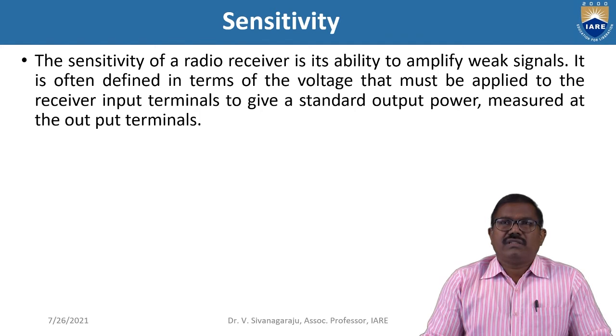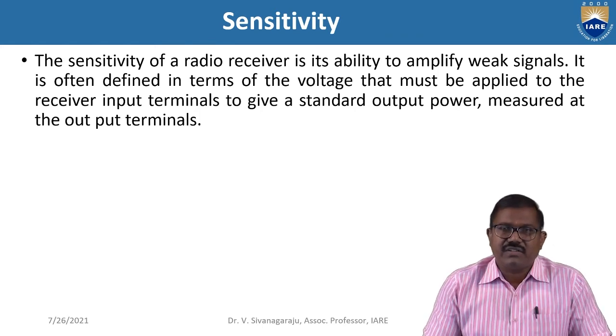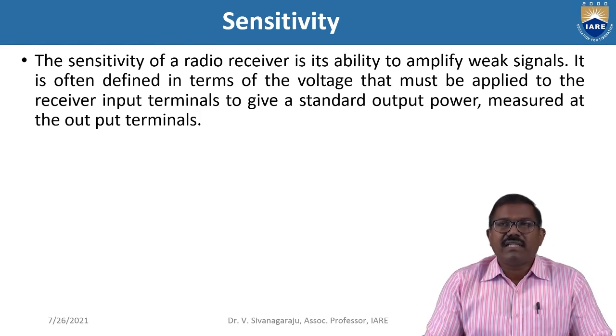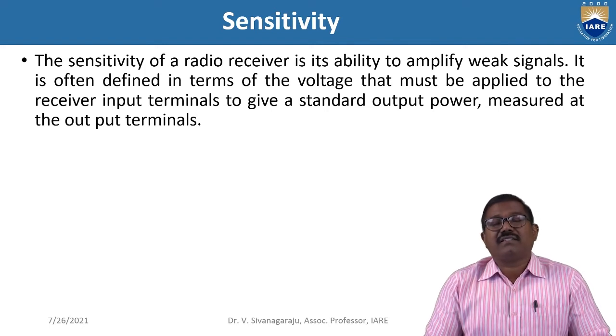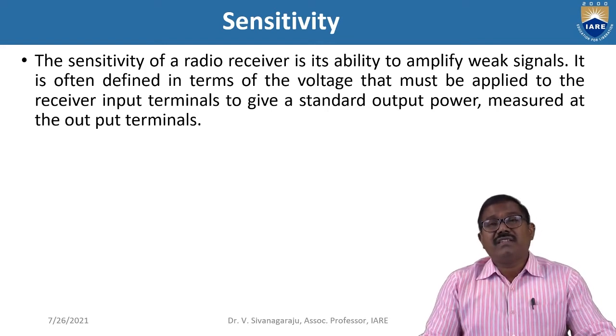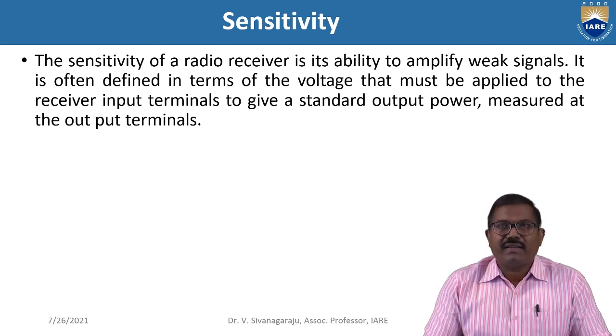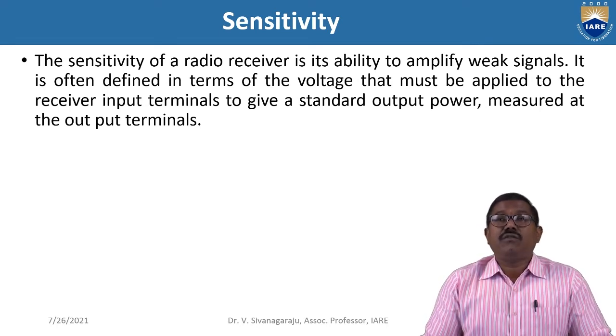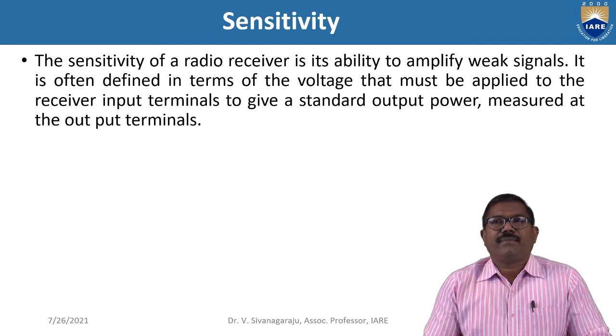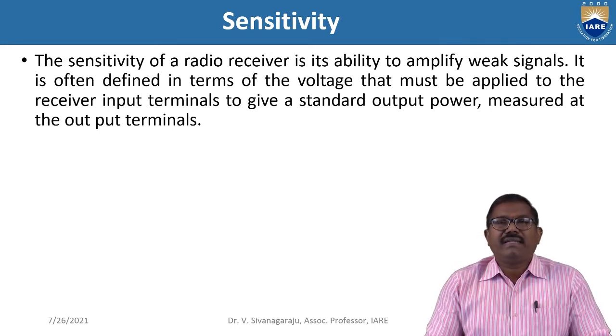So the sensitivity of a receiver is its ability to amplify weak signals. Means the weak signal we are receiving, we are going to amplify. The radio receiver must have that ability to amplify weak signals.